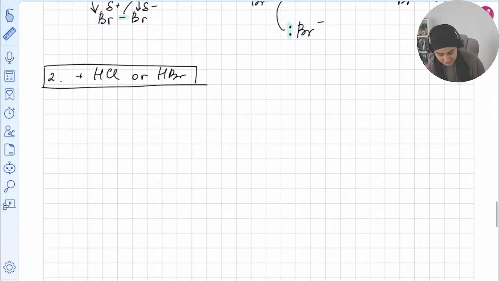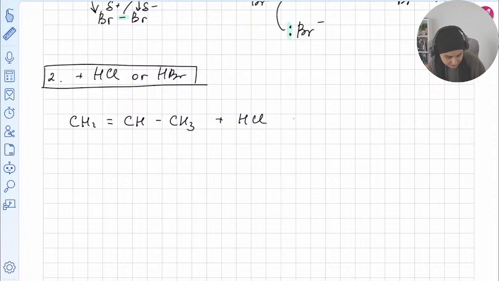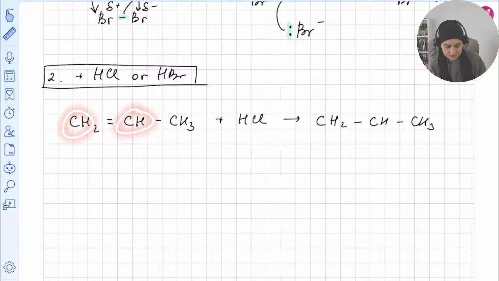Same thing happens, but for this reaction, let's take something non-symmetrical just to show the mechanism. If you have a non-symmetrical alkene, let's say propene, and you add, for example, HCl, 2 products are possible. Obviously you are breaking the double bond, so you form CH3, and then the 2 different products come from the fact that you can attach H either to the first carbon at the double bond or to the second one.